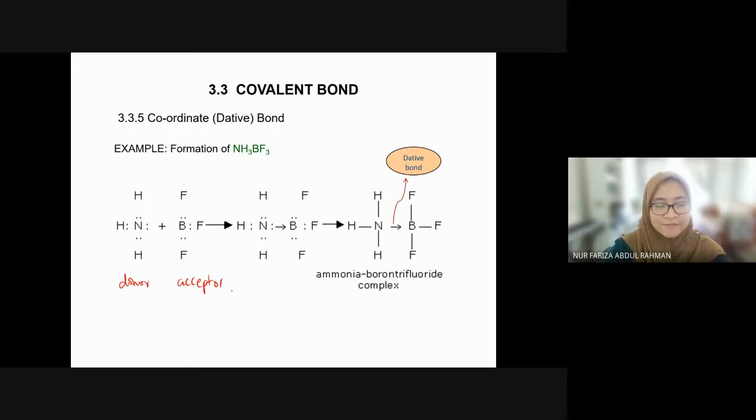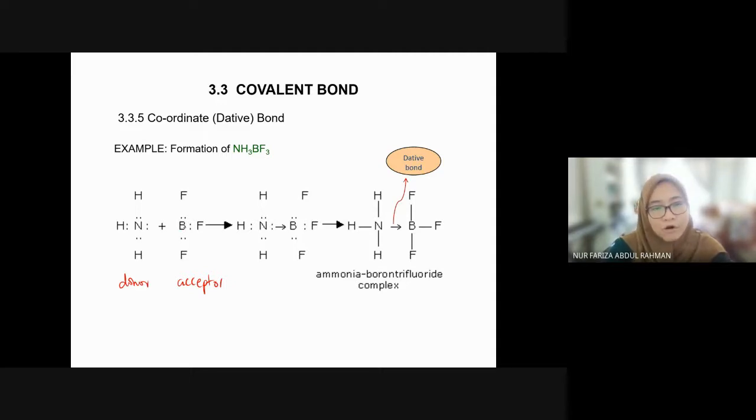Boron does not have an extra lone pair. It has electrons that are already shared with others, but boron does not have lone pairs. And then it has a vacant orbital.